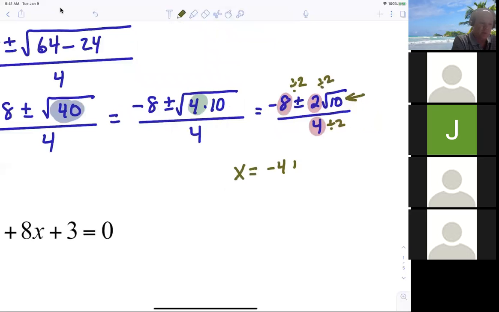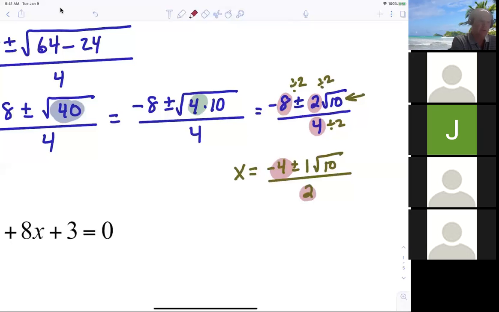negative 4 plus or minus 1 radical 10 over 2. All right. Anybody have any questions with that? Now, some of my kids in the last class asked, can I reduce the 4 and the 2 now?